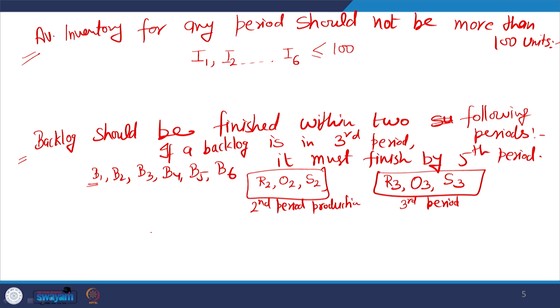So, the equation will become R2 plus O2 plus S2 and R3 plus O3 plus S3. So, these two productions must sufficiently fulfill the requirement of B1. The point which I am trying to say is that because of fulfilling the requirement of B1, they may not be able to fulfill the requirement of their current periods.